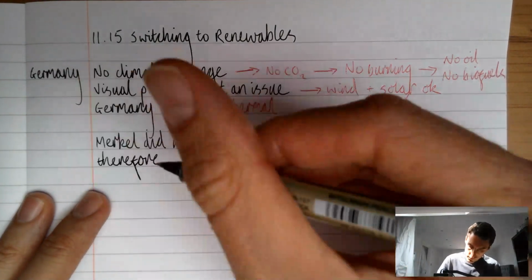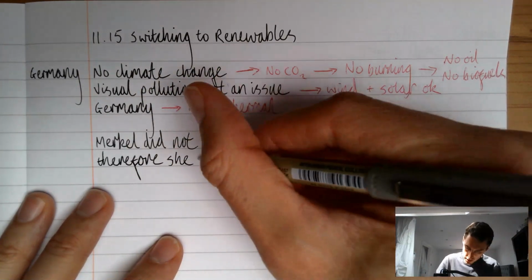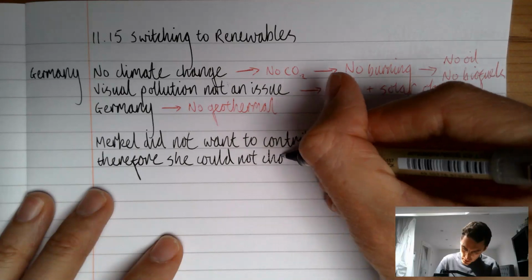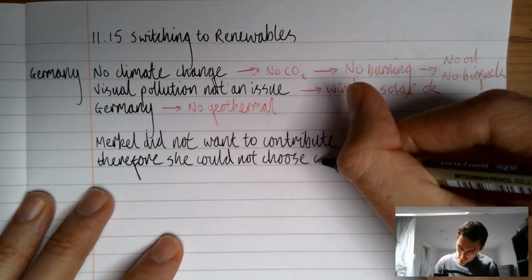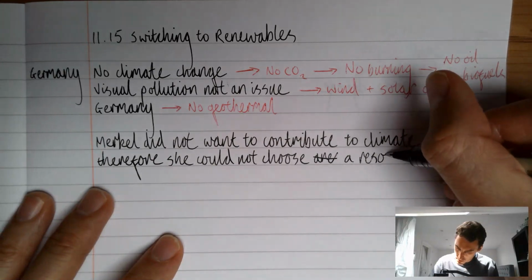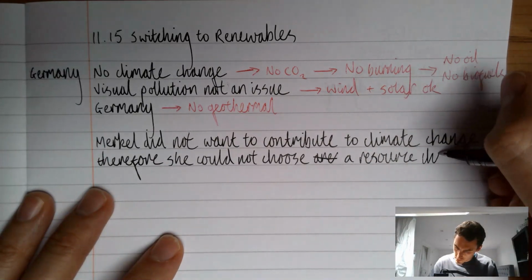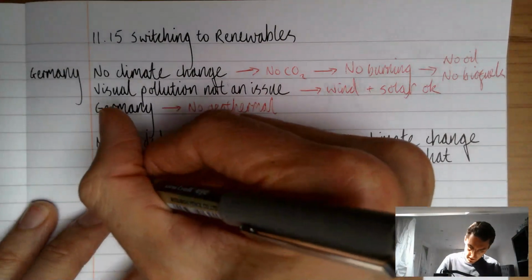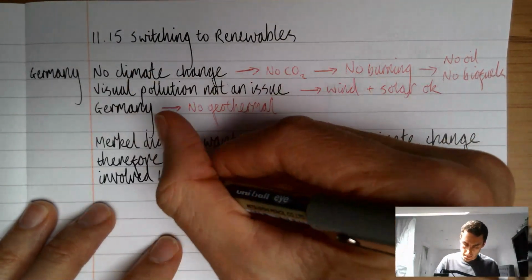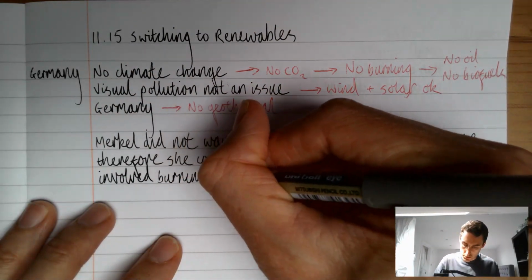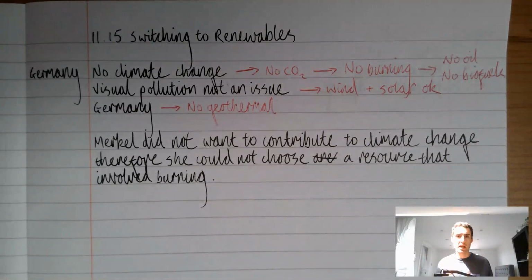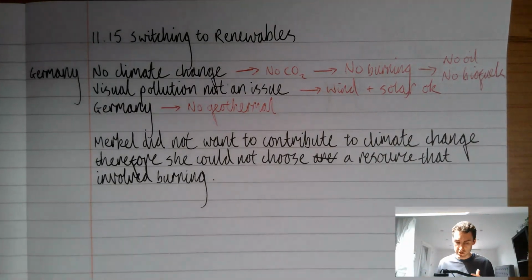Therefore, she could not choose a resource that involved burning. And again, you might even say something about CO2 as well. The point that you want to make to students is the more of these scientific ideas you give, the more sophisticated your explanation. So you may add something about CO2 as well.